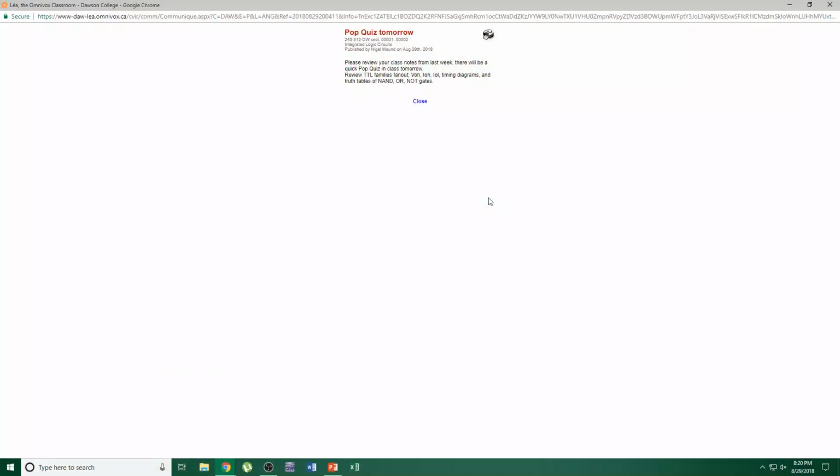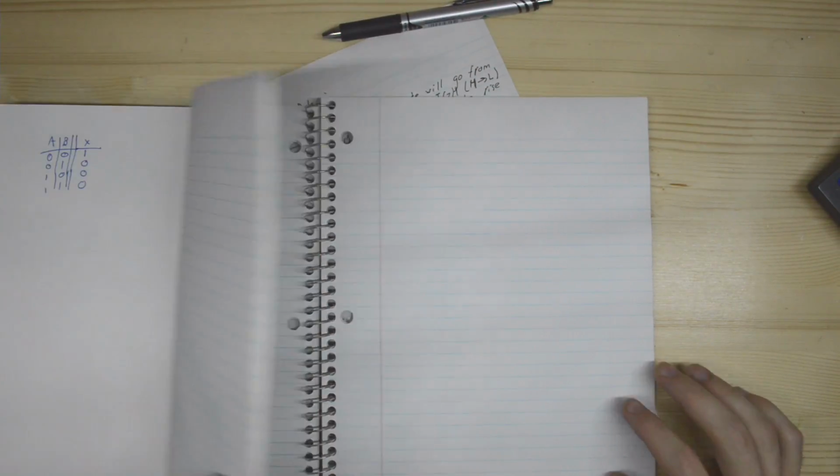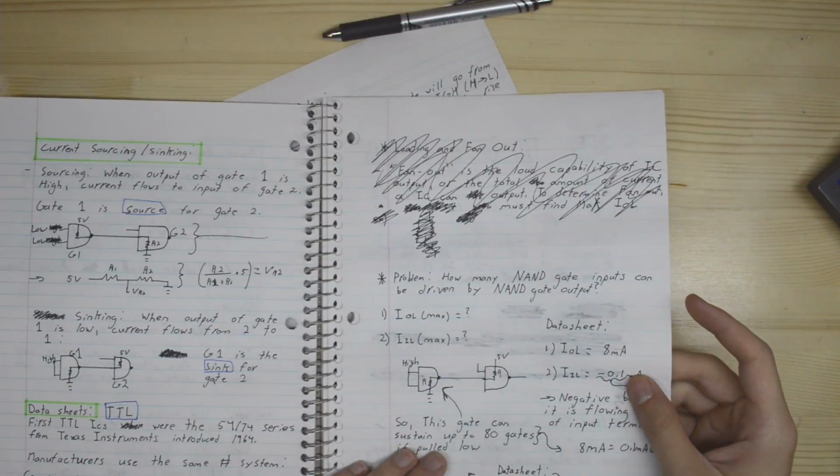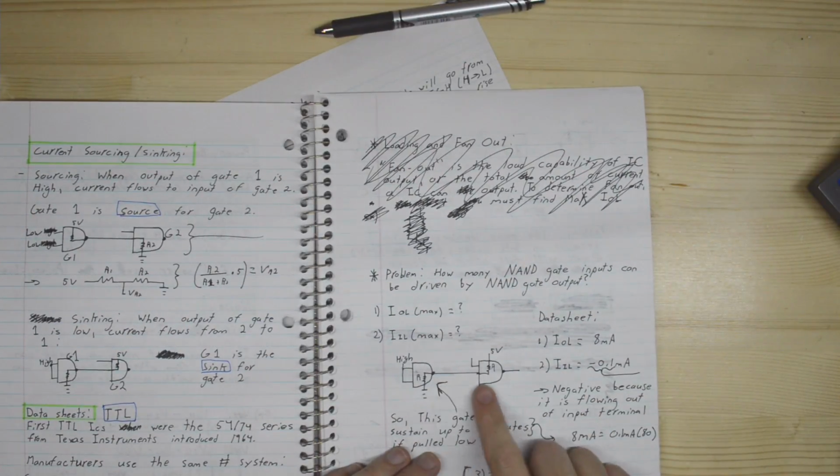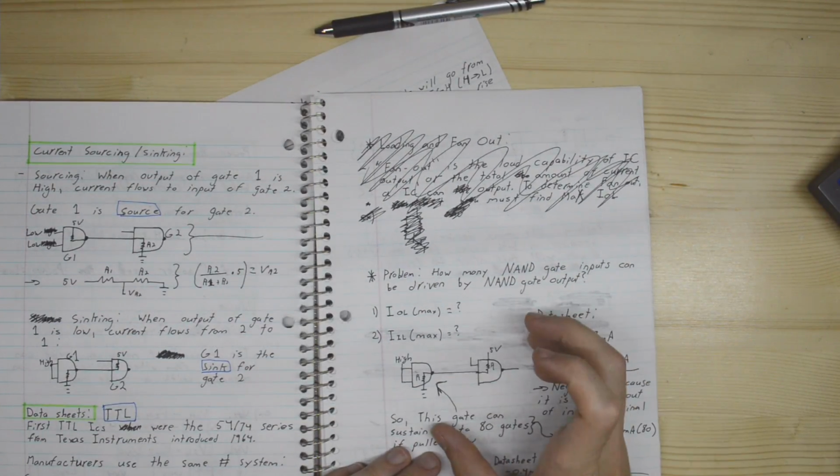So again, TTL families fan out, how they work, like we saw in what I had written down in that one example, how to find it depending on the case.